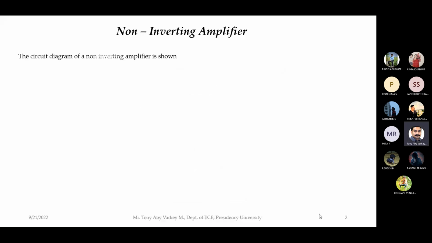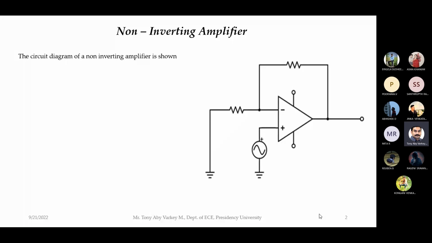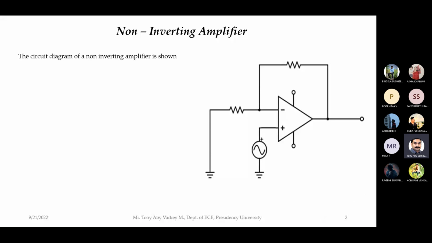So we'll straight away go to the circuit diagram of the non-inverting amplifier. Here also the output will be fed back to the inverting input terminal. That is what is known as negative feedback. I am feeding back part of the output to the input side using the resistor, and the input is connected to the non-inverting input terminal.